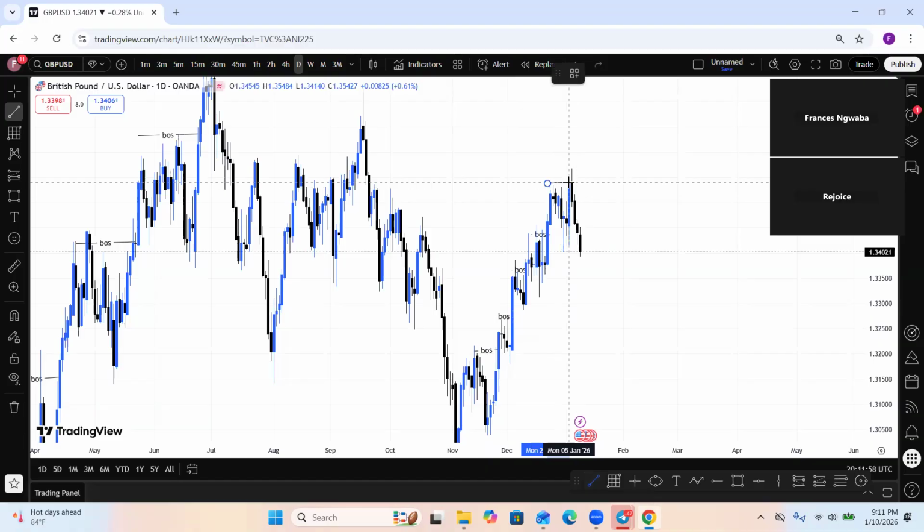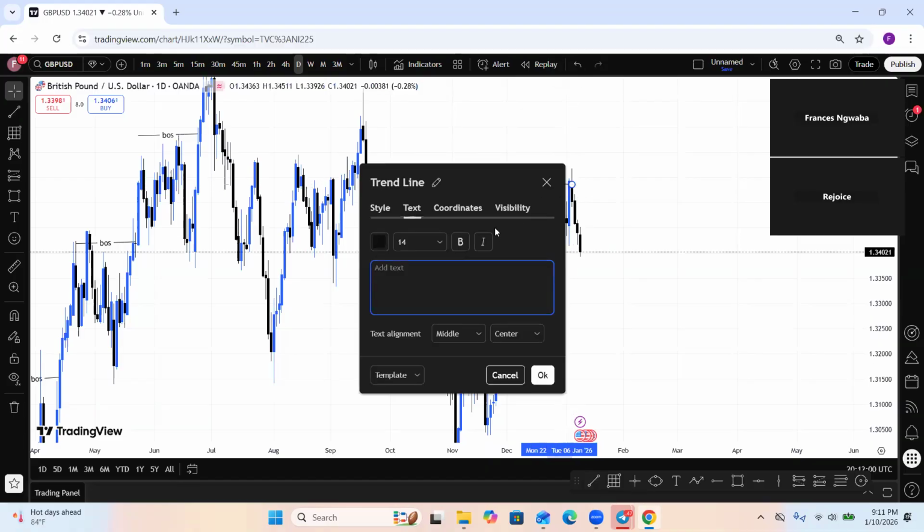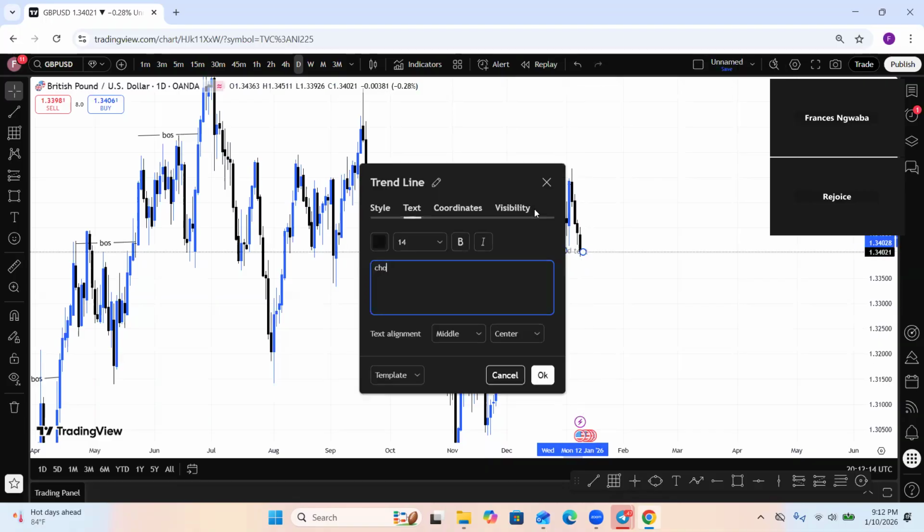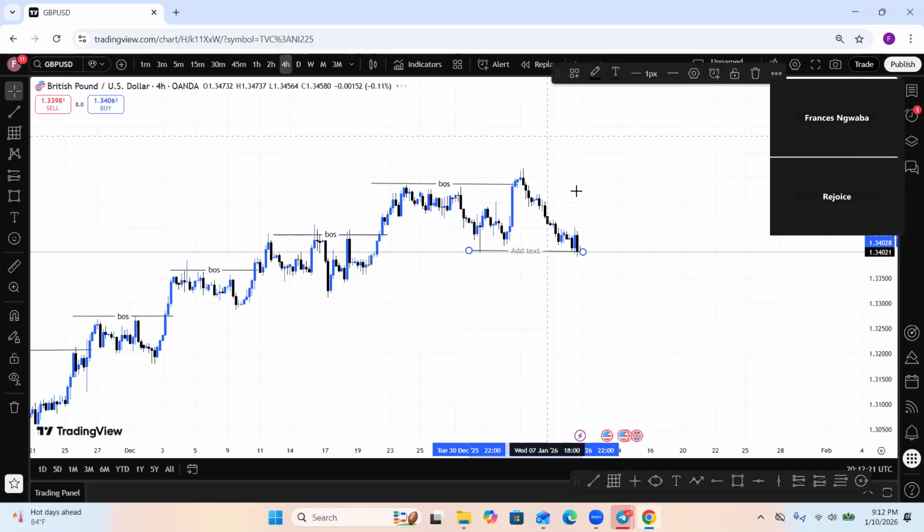You also have a break of structure here. Break of structure. We have a change of character here. If we go down to lower time frame, we'll see it. Let's go down to 4 hours.